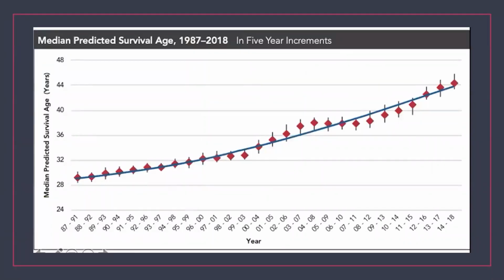Since we know that most patients succumb to their disease due to respiratory reasons, I thought this was an interesting graph to look at. Most of us trainees here were probably born between 87 and 91. I was just trying to show that this is basically our age.